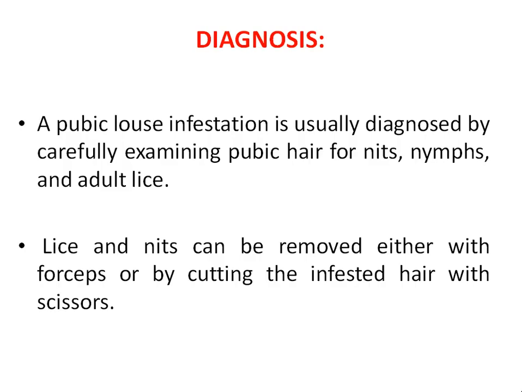As far as the diagnosis is concerned, pubic louse infestation is usually diagnosed by careful examination of the pubic hair for nits. Nits are the small eggs which are usually laid at the base of the pubic hairs. Nymphs are the immature larval stages. The first stage, second stage and third stage larvae are collectively called nymphs, and there are also the adult lice.